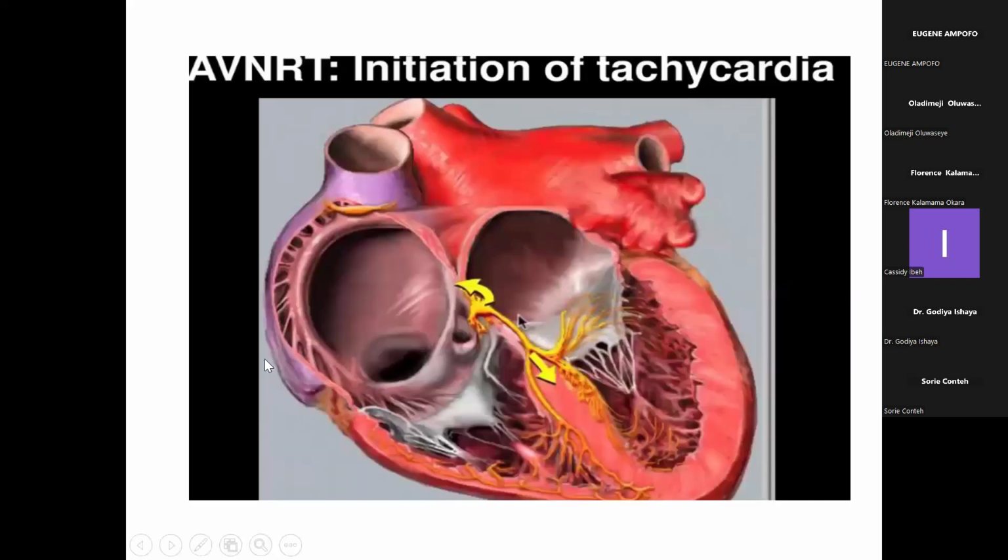For example, going back to this diagram, if you have AVRT, meaning the person has an aberrant tract on the wall of the left ventricle, even if the aberrant tract stops here, the wall of the ventricle will be the remaining conducting tissue, so that it can conduct to the His bundle, which will get to the AV node, and for the circuit to complete its circus. Okay?